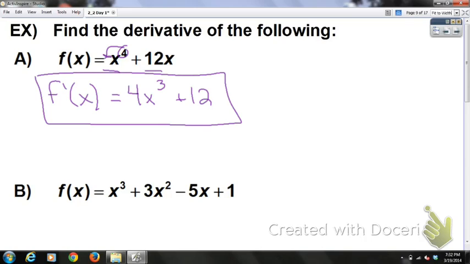Next we have b. F of x is equal to x cubed plus 3x squared minus 5x plus 1. We're just going to differentiate each piece.